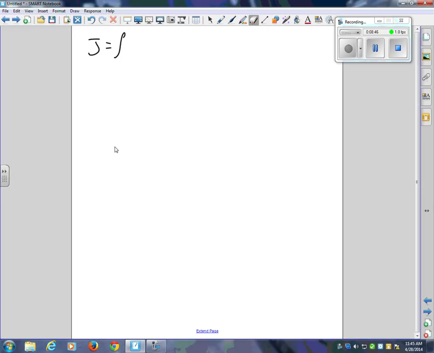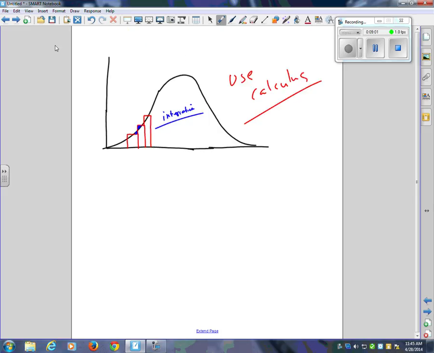You don't actually need to know this. Integral between T1 and T2 of f dt. You actually need to use calculus to do this. You would need to know the equation of that curve, and the equation of that curve is going to be pretty crazy, right?